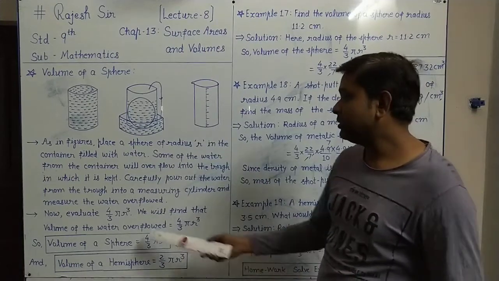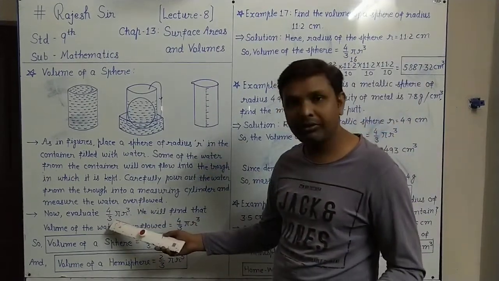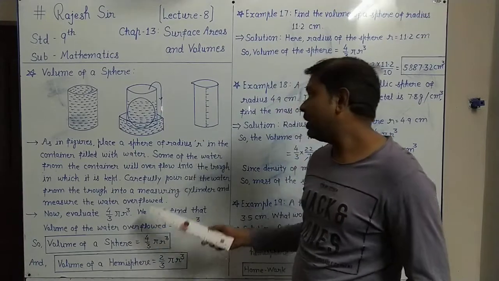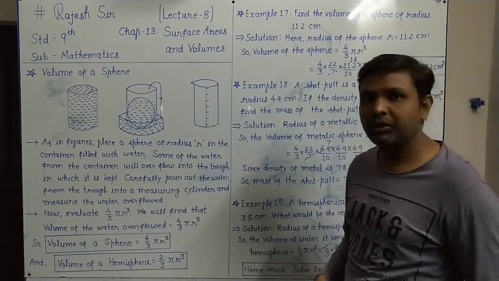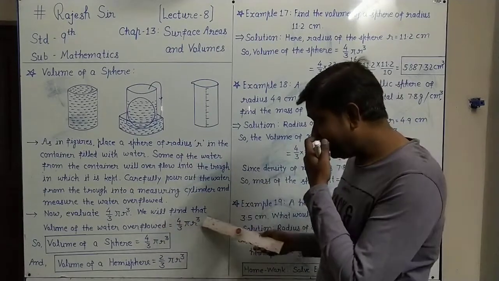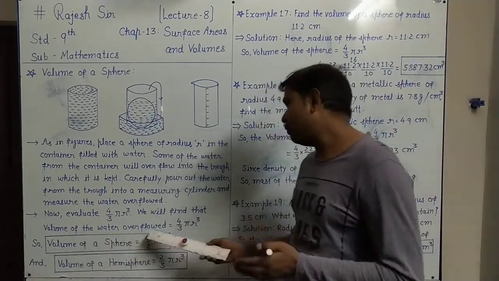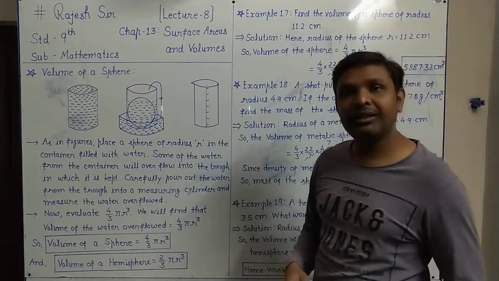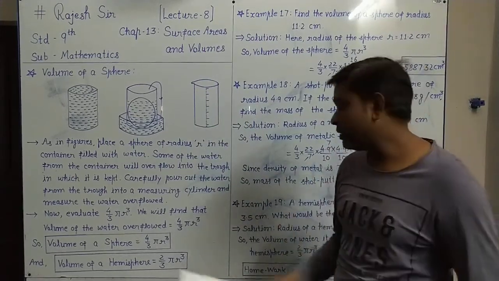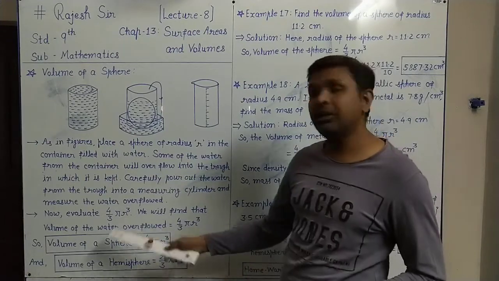Now compare this evaluated value, 4 upon 3 pi r cube, and the measured volume of the water overflowed. We will find that the volume of the water overflowed, which the measuring cylinder measures, is equal to 4 upon 3 pi r cube, the evaluated value.